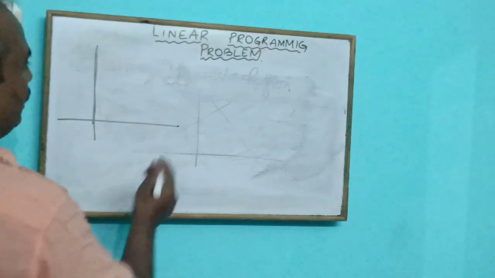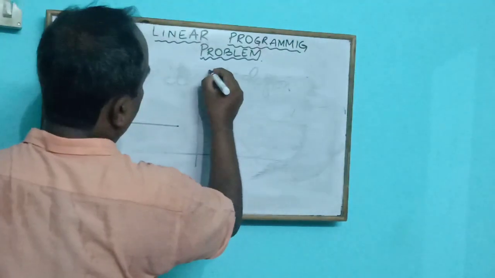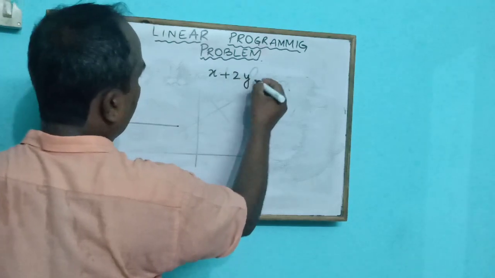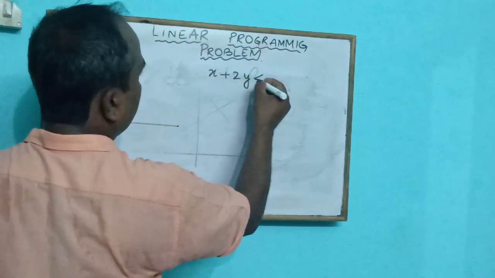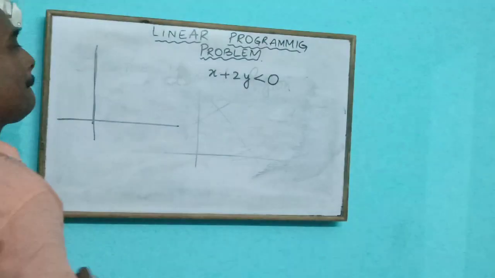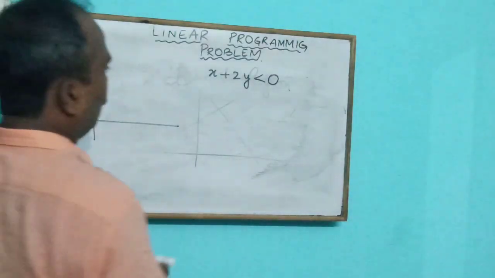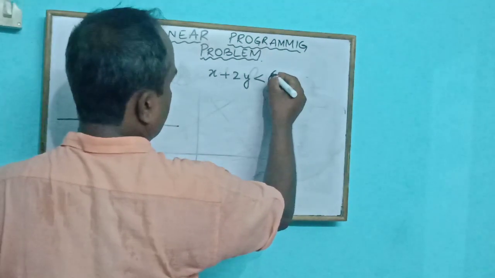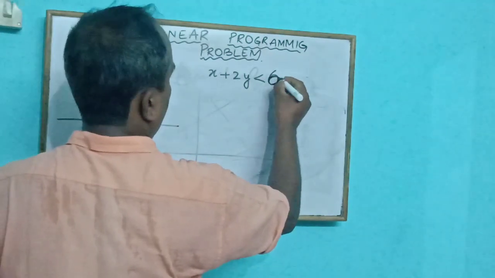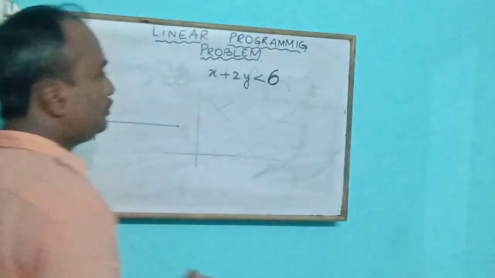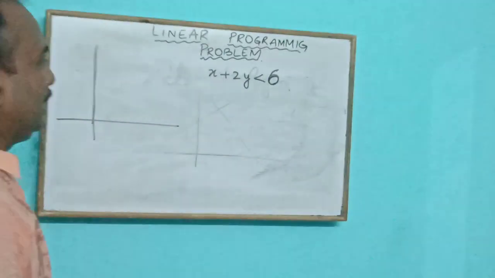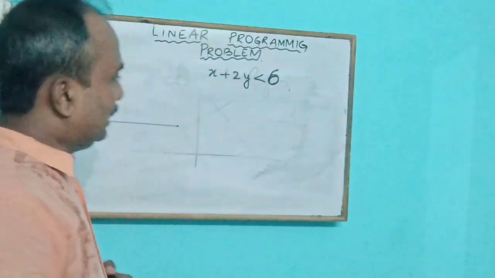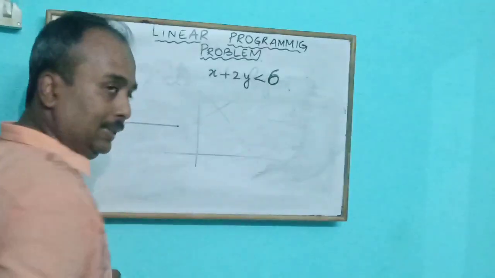For example, we have an inequality, say x plus 2y less than 6. X plus 2y is less than 6. Now, for the time being, let us forget that there is an inequality.